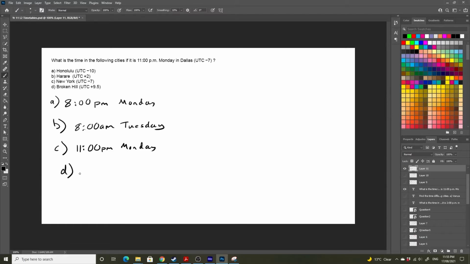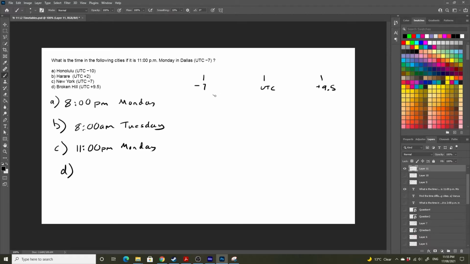And then in D we have Broken Hill and Dallas. So as we spoke about earlier, we can do a bit of a number line thing here where we have UTC in the middle, and in this case we have Broken Hill, which is going to be plus 9.5, and Dallas was minus 7.